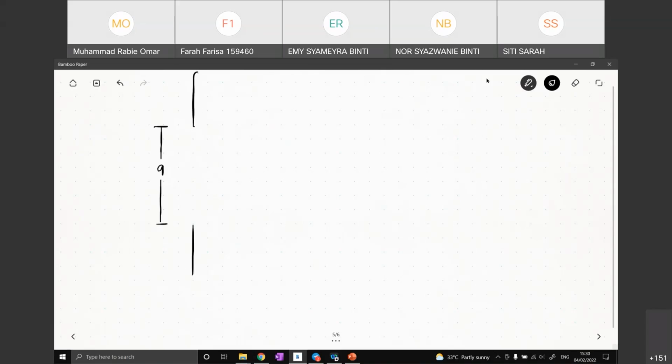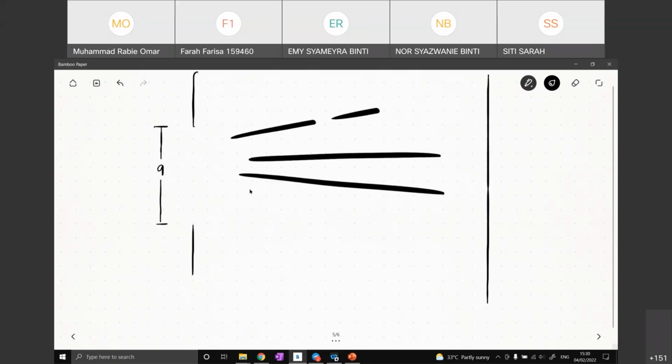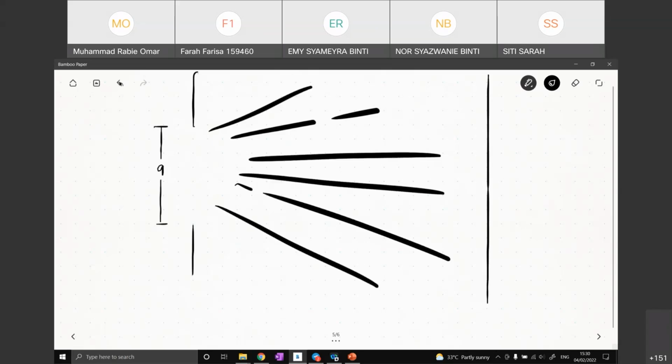So I have my screen over here. Of course, the light will travel from here to here, and then it will expand from this particular point, and then it will expand like that. So you'll be able to see the lighting on the screen.